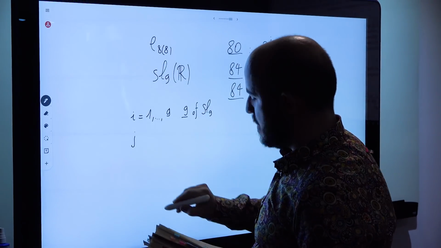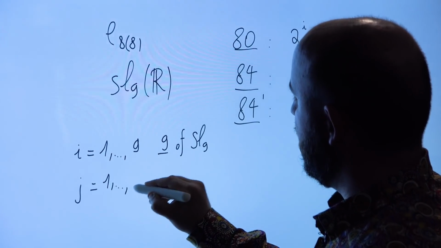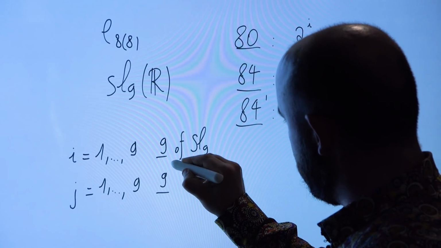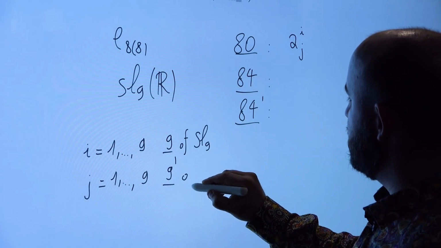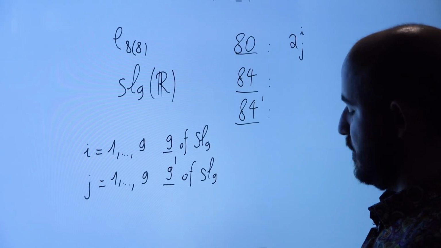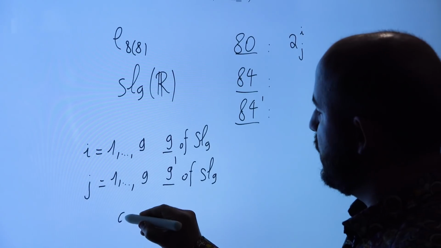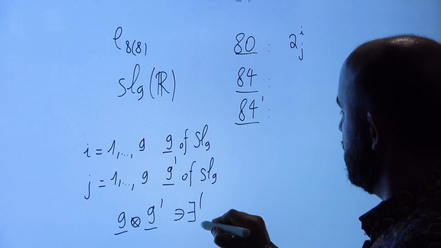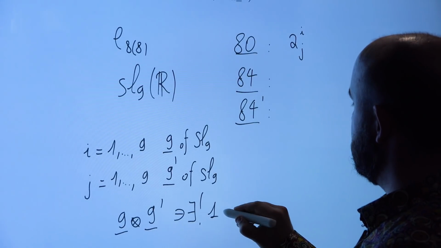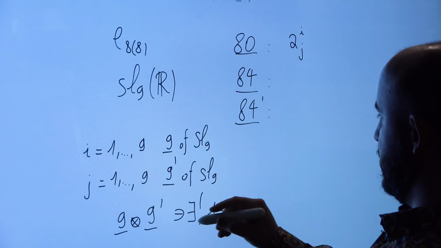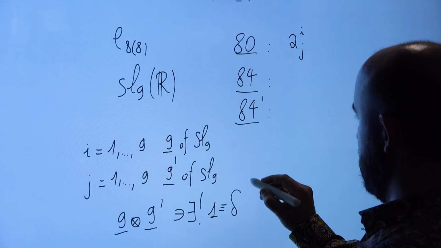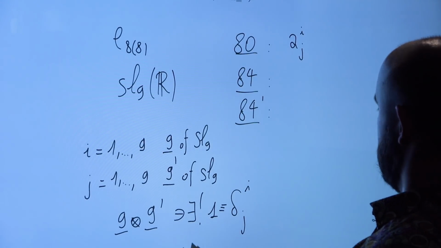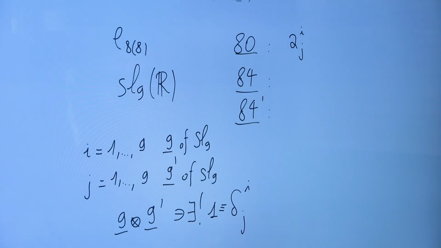Then we have J that goes from 1 to 9 again, but this is in the 9 prime, which is the contragradient representation of SL(9). Okay? So we know that when we do 9 times 9 prime, there is a unique singlet, and this singlet is exactly the delta, delta^i_j. So this is nothing but the adjoint, so it describes the generators of this SL(9).